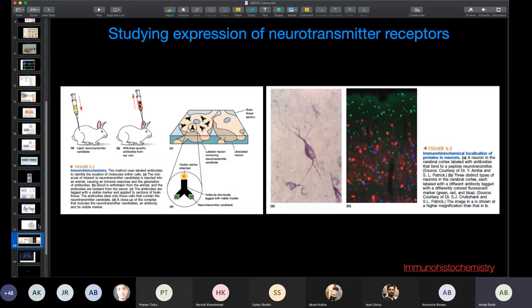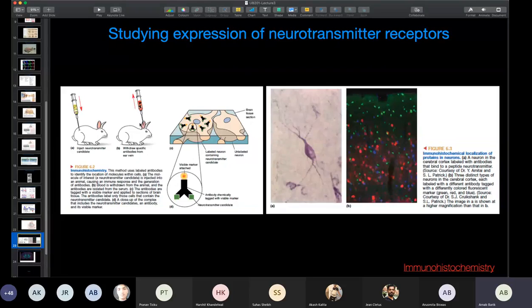The other way to do that would be to visualize it. These are all proteins, so we can make antibodies against them, we can stain them, and we can see in any cell type of choice, in any area of the nervous system, what they are expressing, and you can visualize them. This is known as immunohistochemistry.